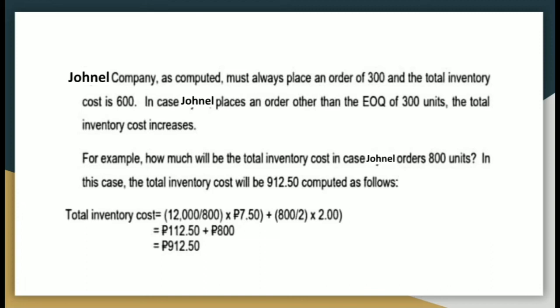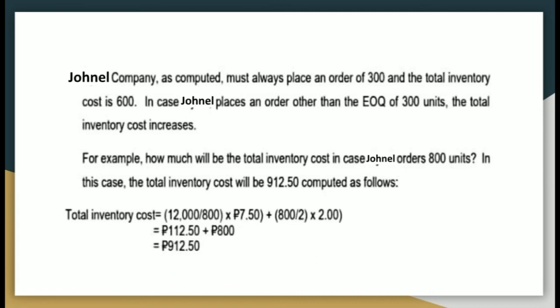What is this? This is our formula for ordering cost. Again, what is the formula for total inventory cost? Ordering cost plus carrying cost. So this first part of the formula is the formula for ordering cost, 12K divided by 800 times 7.50.